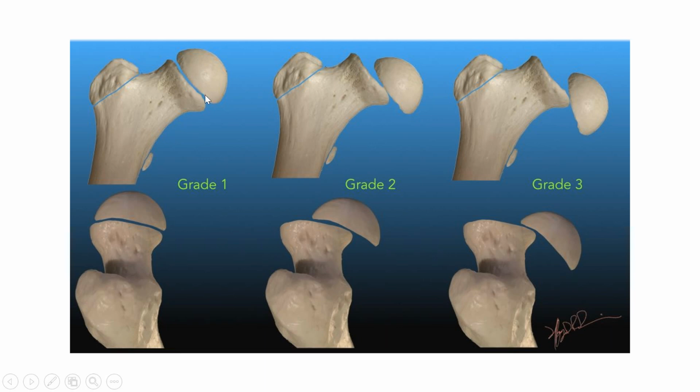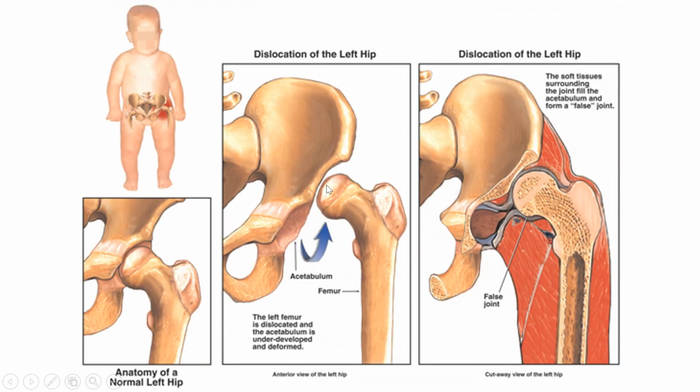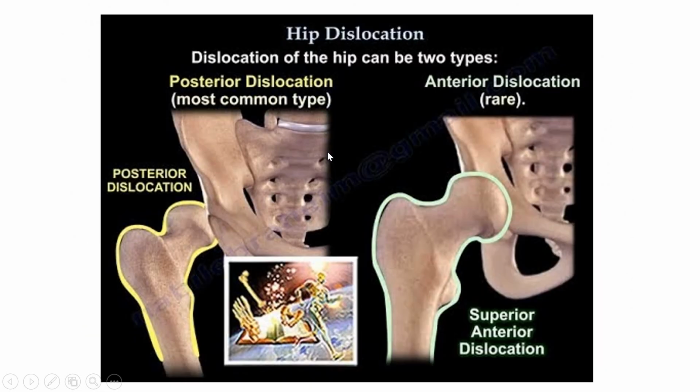There is no synostosis, because the fusion of the medial and lateral part of the head happens in adulthood. So here you can see slipped capitis, and a malformed acetabulum. As a result, the head comes out and moves upward.